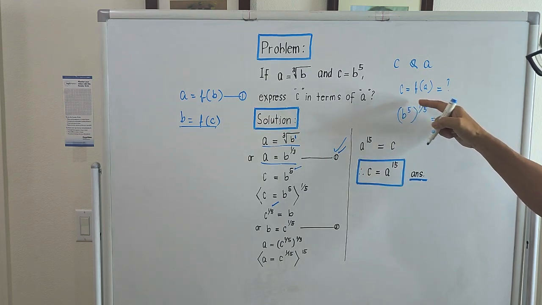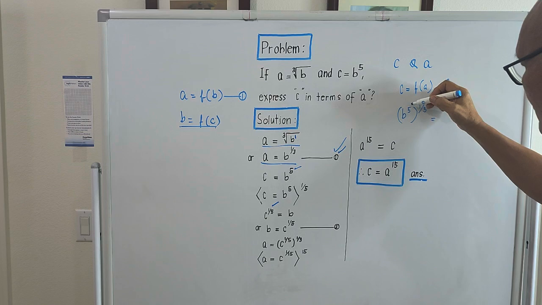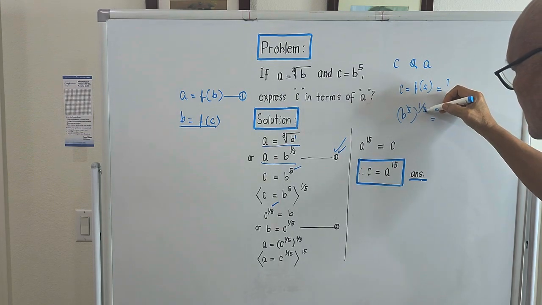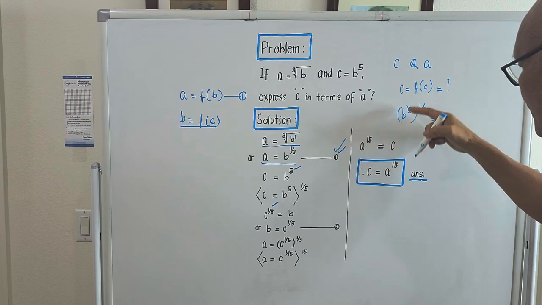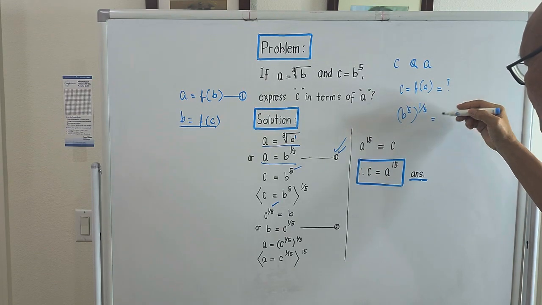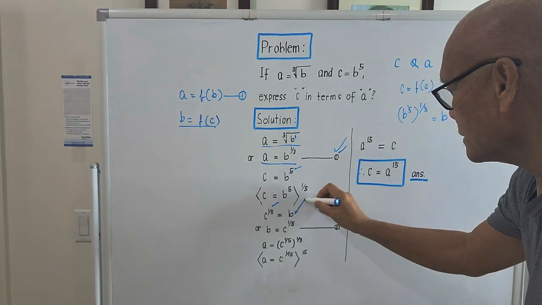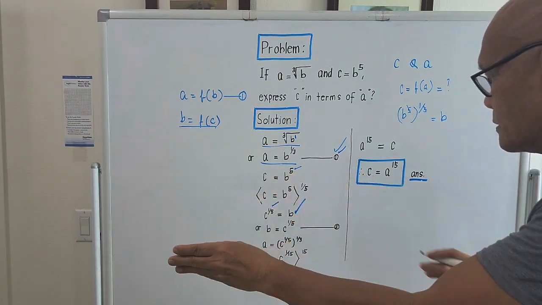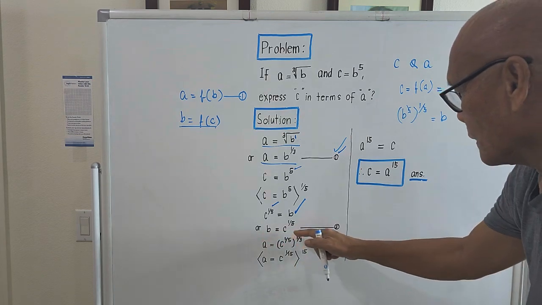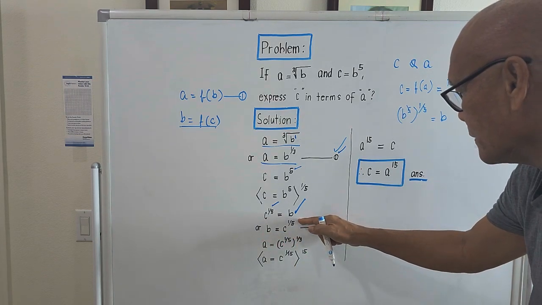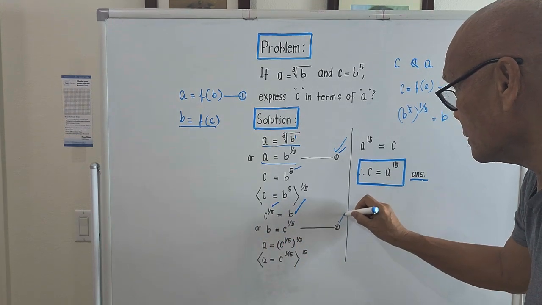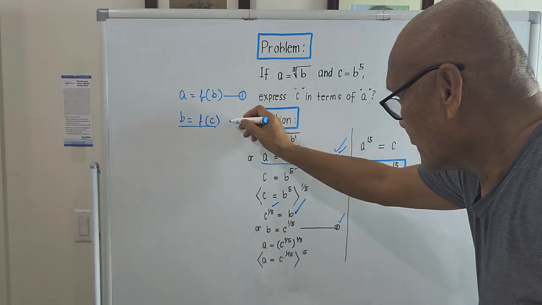This is an exponent and this is an exponent, so we multiply. The 5 cancels with the 1/5, so b to the fifth power raised to the 1/5 is simply b. Rearranging, b is equal to c raised to the 1/5. We call this equation number 2.